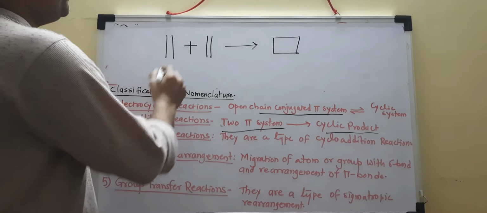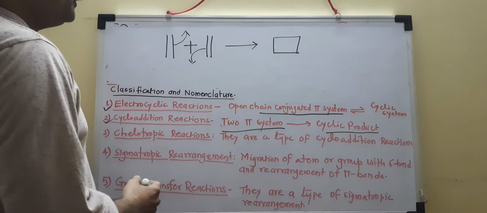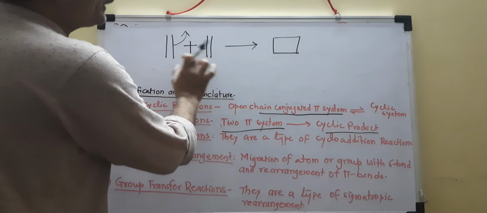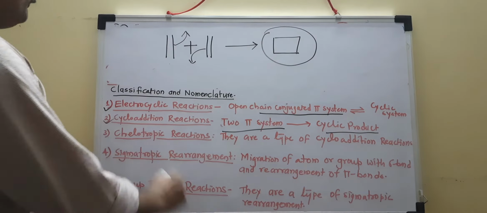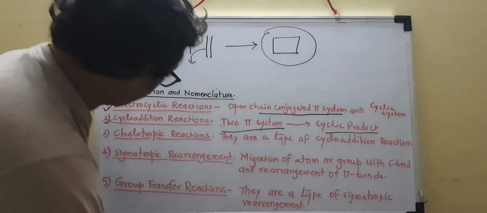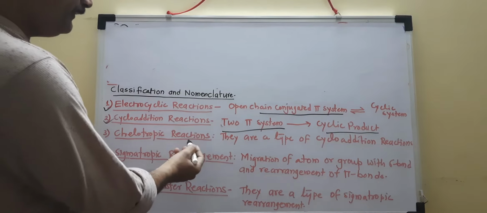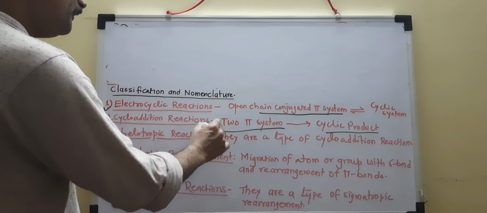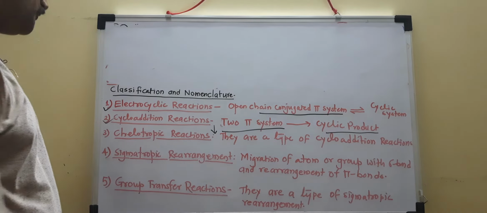We'll discuss that in more detail under the heading cycloaddition reaction. Actually, the cheletropic reaction is a type of cycloaddition reaction, so we have to include it under the heading cycloaddition reaction.